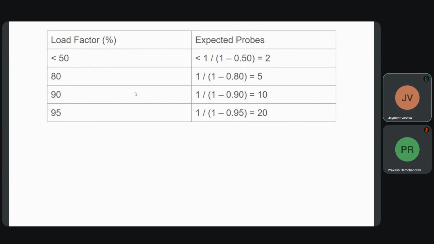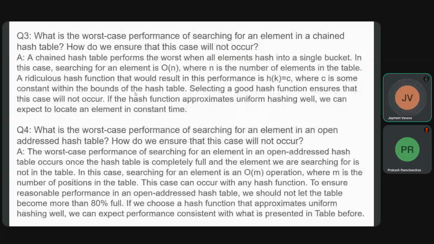And as the occupancy keeps increasing, the expected probes increase dramatically. For a more detailed explanation, you can read the answer for question 4, which we are discussing right now.